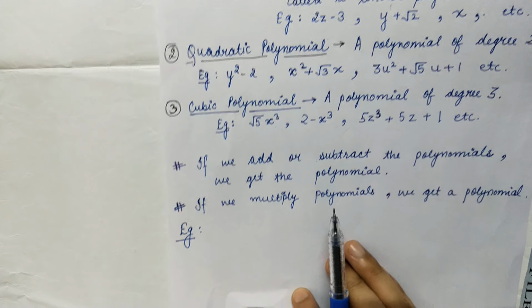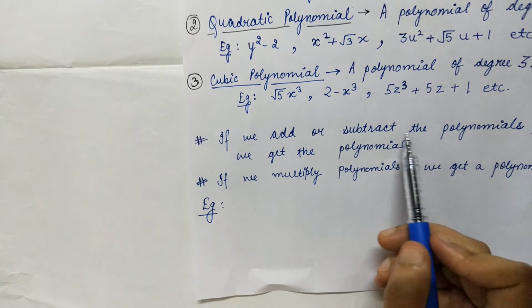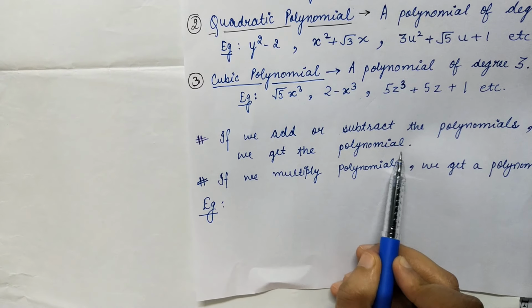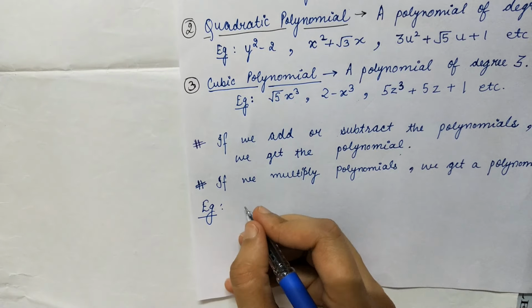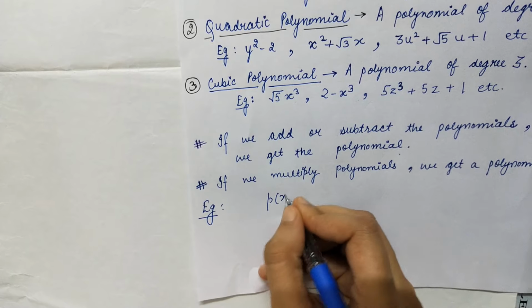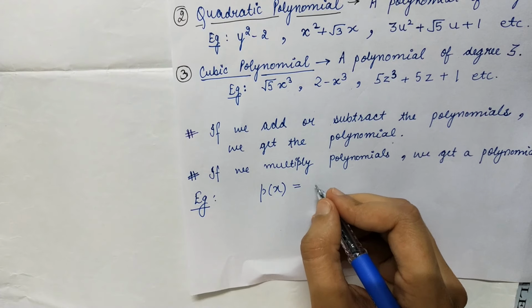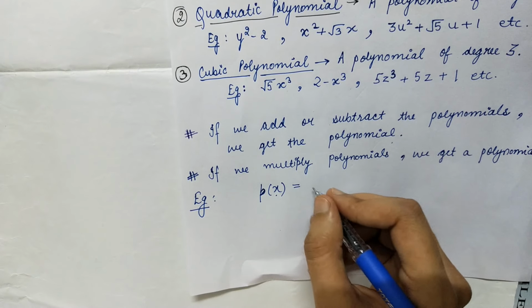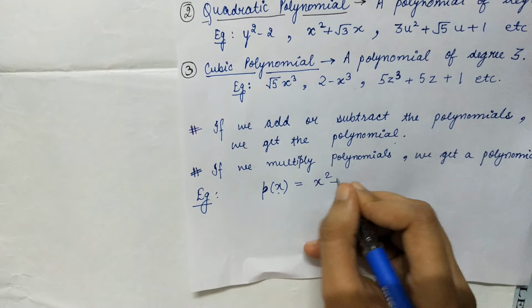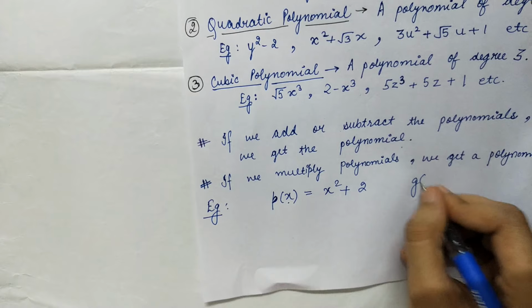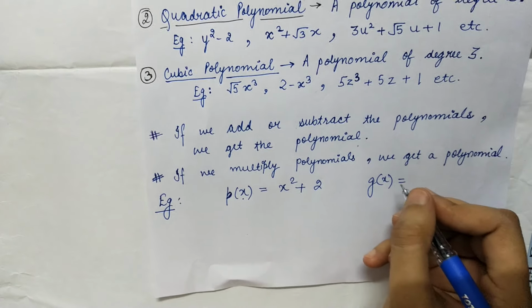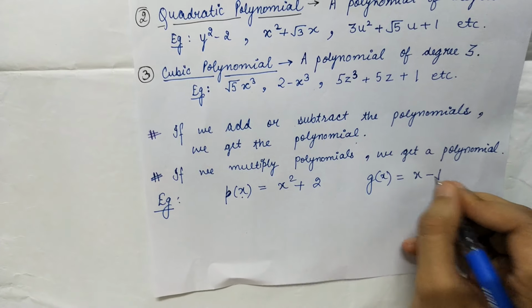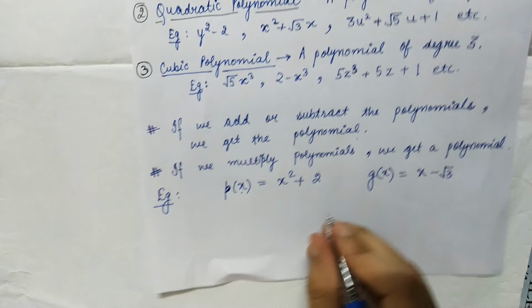Now, if we add or subtract polynomials, we get a polynomial. Generally, let us take the first polynomial p of x, a polynomial with variable x. Let us take these two polynomials.